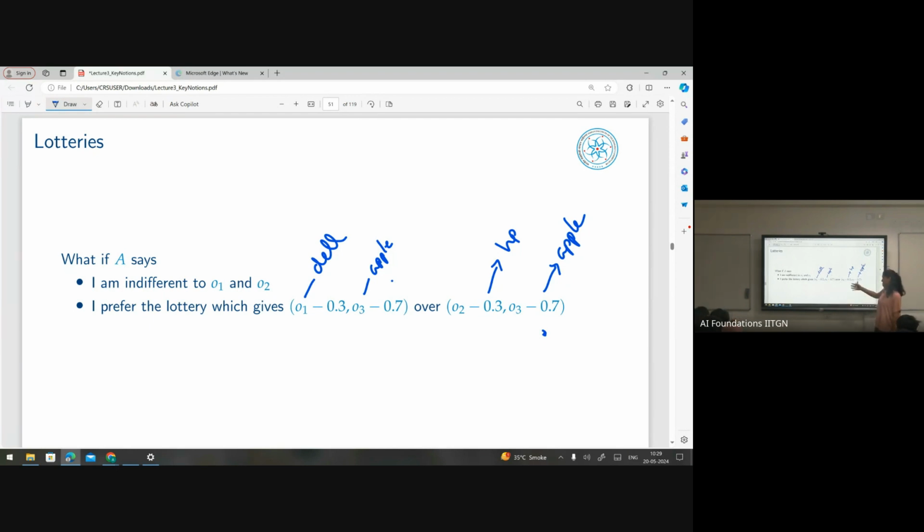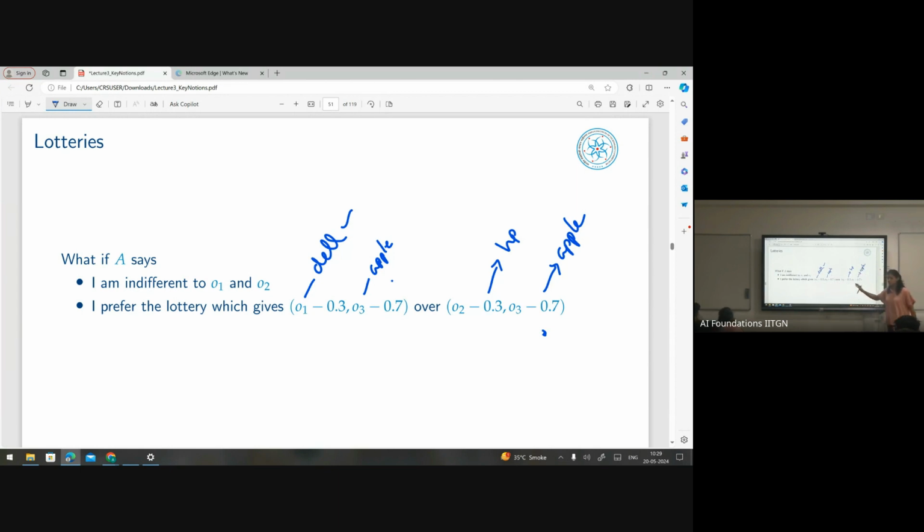It's possible that they have certain preferences because, I don't know, Dell provides some compatibility with Apple and it doesn't provide it with this. But in our current scenario, we can't really come up with anything. This lottery is such that he will get Dell with 30% probability.